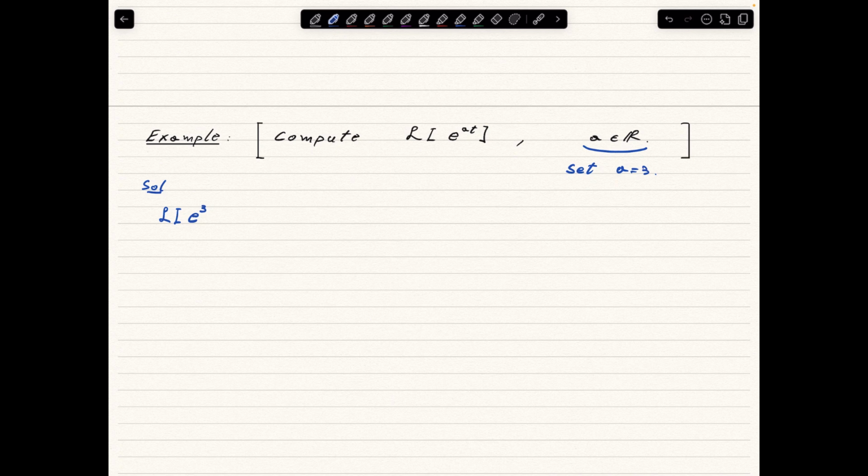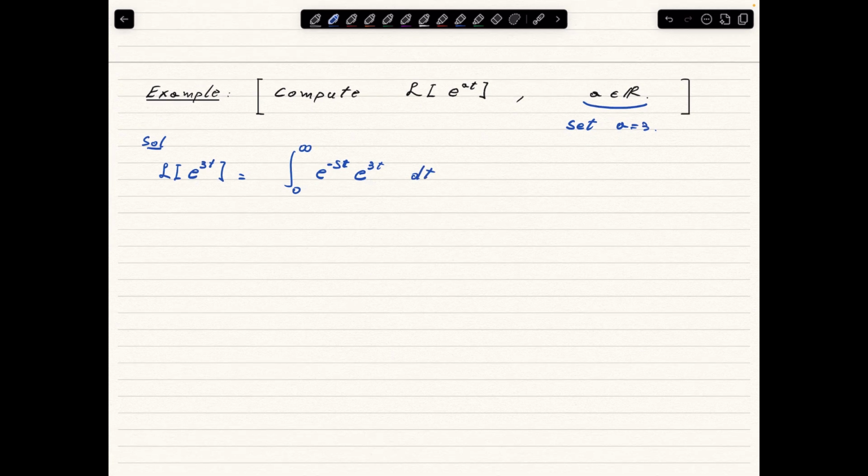So solution: how do we compute the Laplace transform of exponential 3t? Well, what we said we have to do: we grab the exponential 3t, we multiply that by the exponential of negative st, and then we integrate the whole thing from 0 to infinity in t.